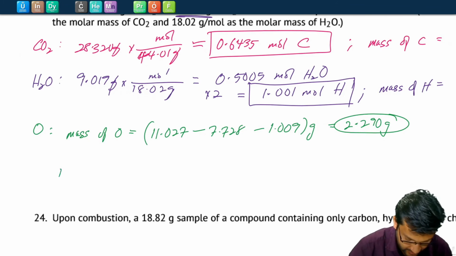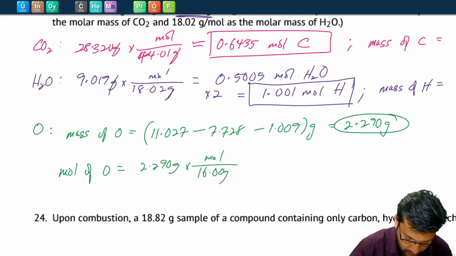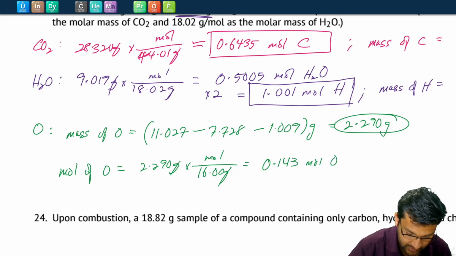Okay, now we can figure out the moles of oxygen. We know the mass, 2.290 grams, divided by the molar mass, 16.00 grams per mole, which gives us the number of moles of oxygen as 0.1431 moles of oxygen.